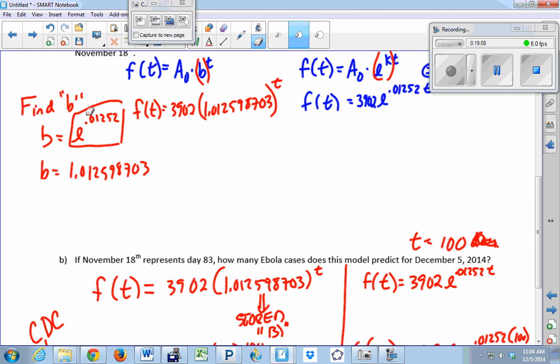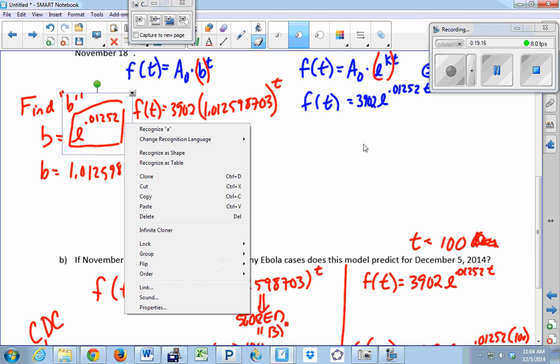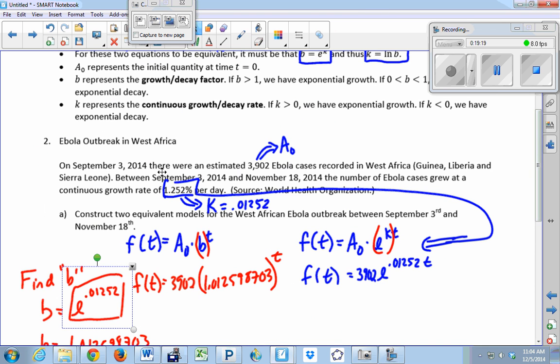So that tells you that the continuous growth rate is even higher or larger than the, what was it up here, 1.252%, right? So it's even greater than this rate that was recorded or used as a model for this time period.